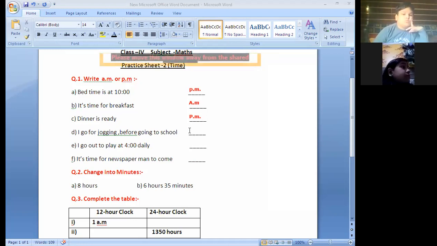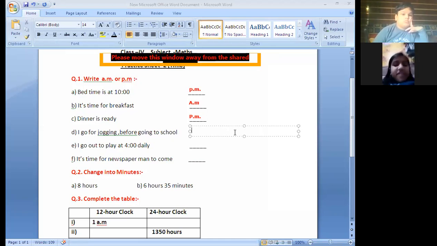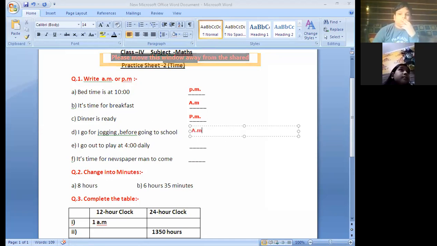You can also go for jogging in the evening, yes or no? But it is clearly mentioned here that before going to school, so we are talking about the morning. So that's why we are going to put what? AM or PM? AM. Very nice. So here ma'am is going to write down AM.